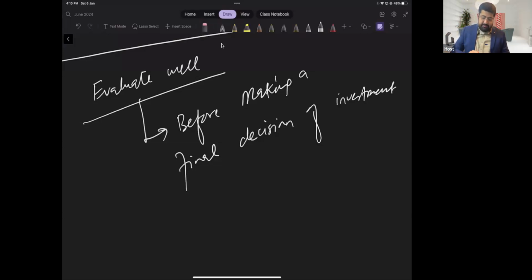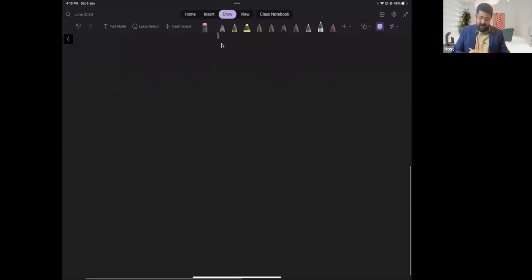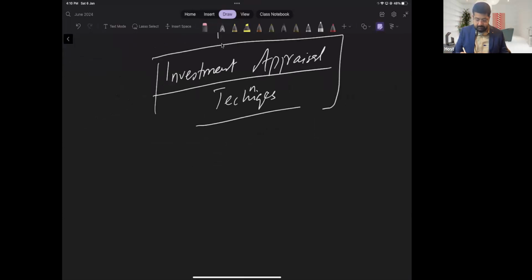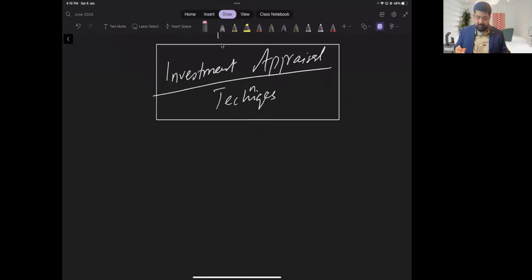So investment appraisal techniques are there. There are 5 investment appraisal techniques which are part of the syllabus.